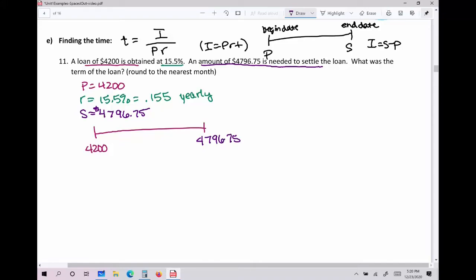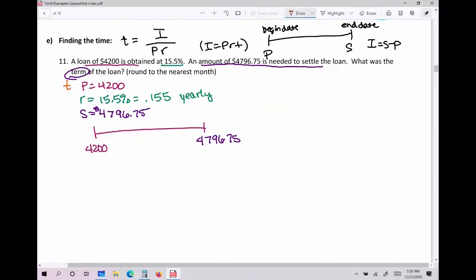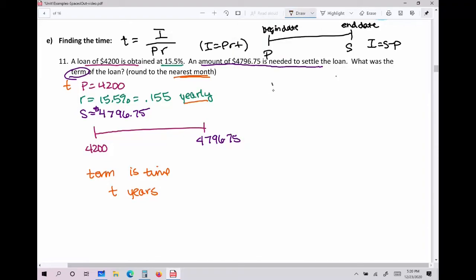And then we want to know what's the term of the loan. Term is just another way to say T. Term is time. And here we're also told that we want it to the nearest month, because remember, T is going to be in years, because this is yearly and they're going to match. So when we plug this in, first thing you notice is we need I again, so we have to figure out what I is.